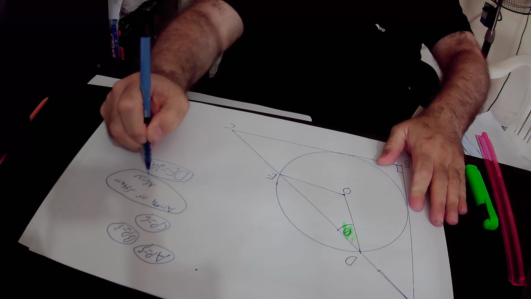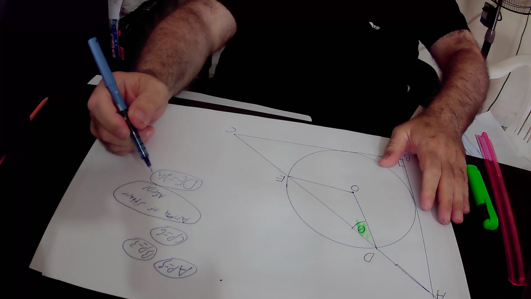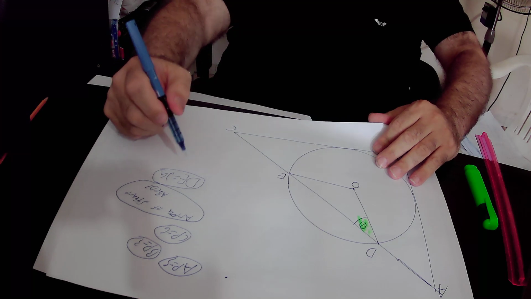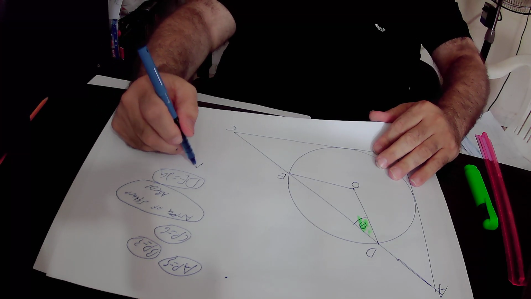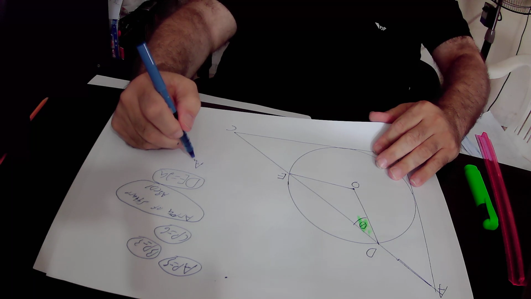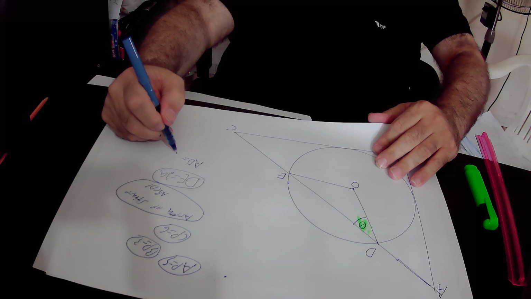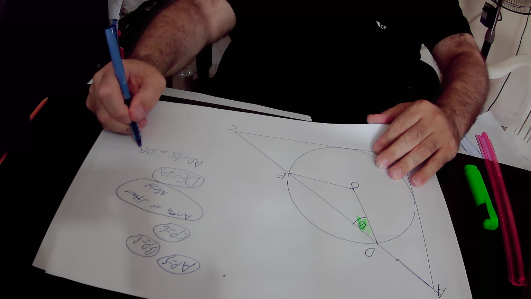And according to what is given in the question, AD equals EC, and it is equal to DE over 2.